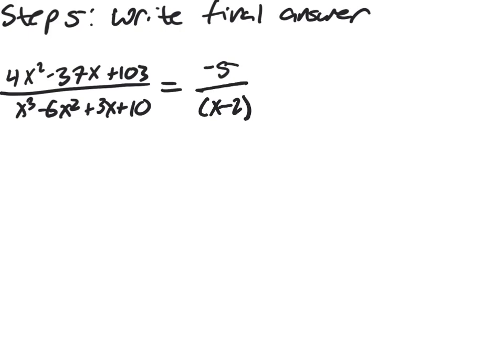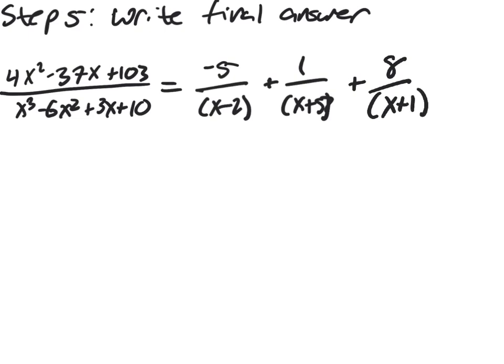You don't have to put these in parentheses. That's just kind of a habit I get into, just so that binomials are very clearly binomials. Plus 1 over x minus 5, plus 8 over x plus 1.